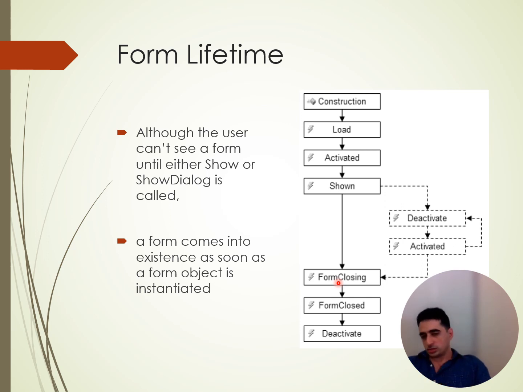And then if the user says no, don't close it, we can abort the closing process and get back to the activated mode of the form. But if the user confirms that they want to close, then we're going to go from the form closing event to the form closed event.